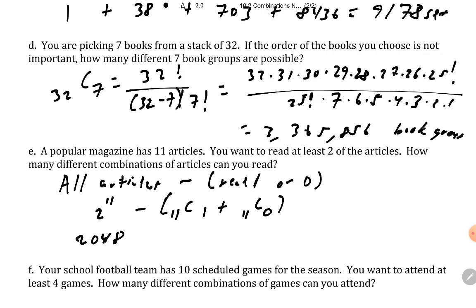It represents the number of combinations of articles that we decided to read, minus, if we chose one article, there's only 11, plus the number of combinations where we can choose 0. There's only one time. So 2048 minus 12 equals 2036 combinations.